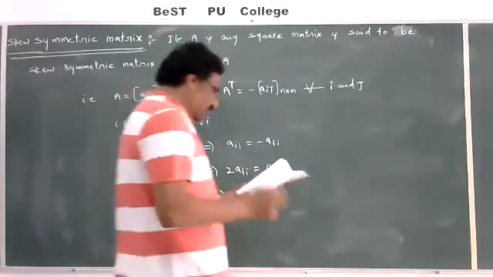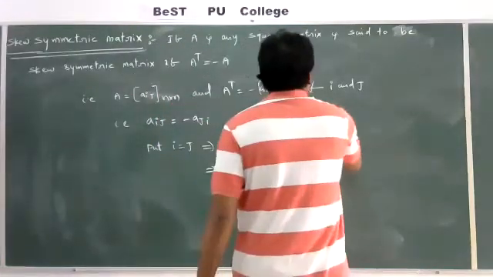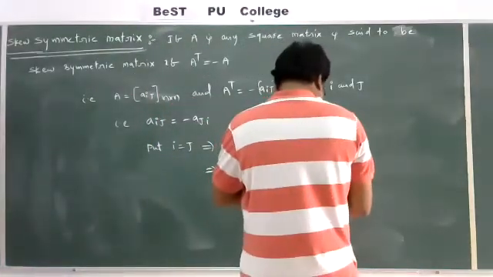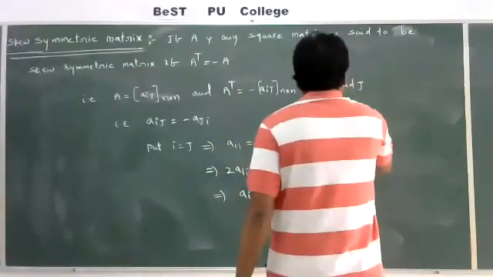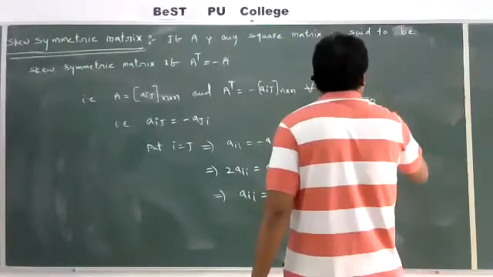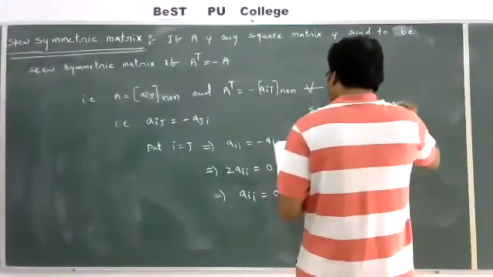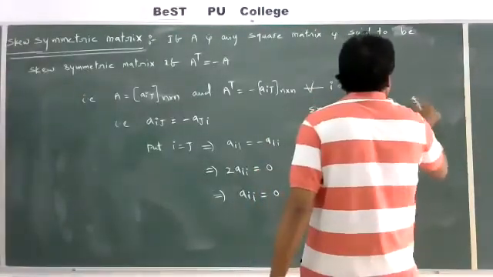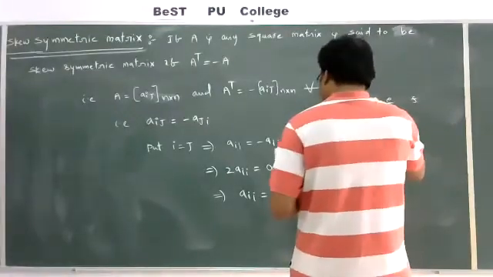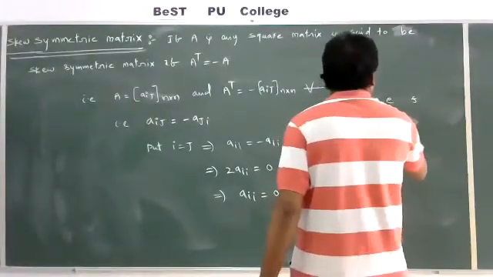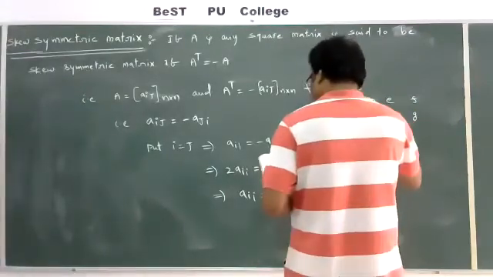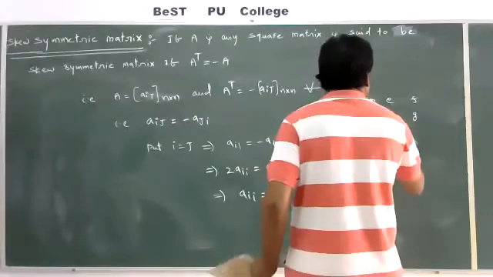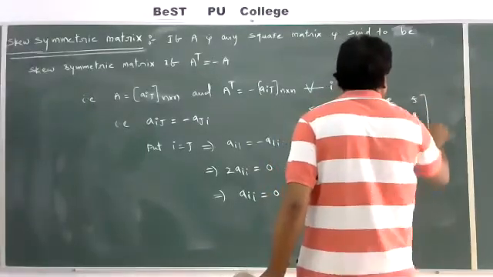Just to verify, write one example. A is equal to the matrix 0, E, F, minus E, 0, G, minus F, minus G, 0.